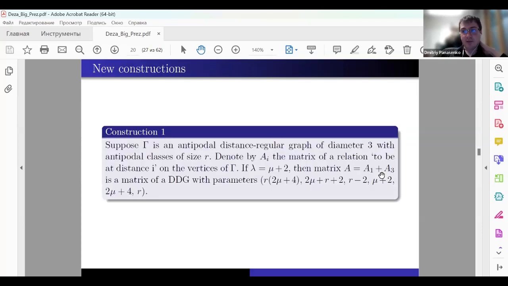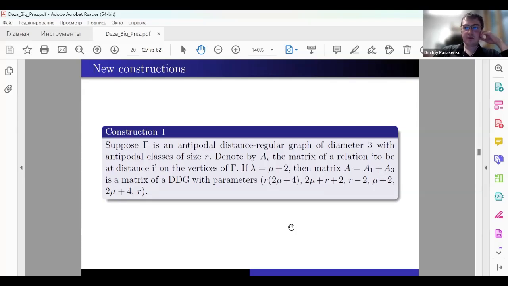Now I will talk about some constructions that we were able to get from the enumeration results. So the first one is connected to distance regular graphs. Let us have an antipodal distance regular graph of diameter 3 with antipodal classes of size r, and we just denote by A_i the matrix of the relation to be at distance i for vertices.